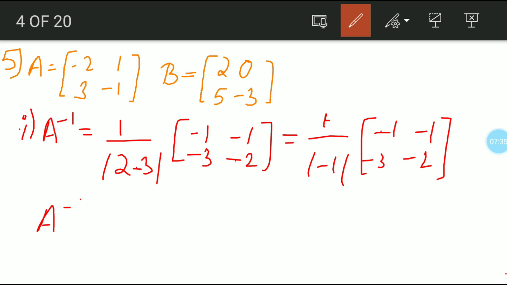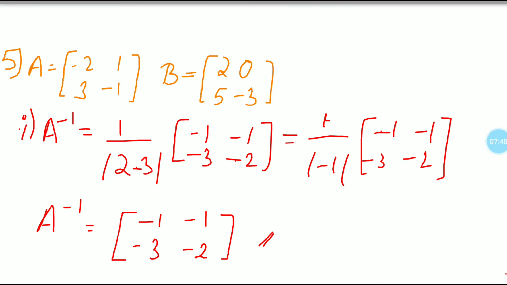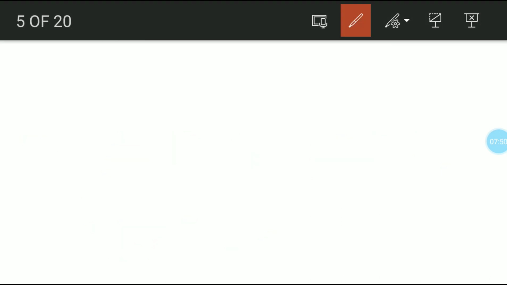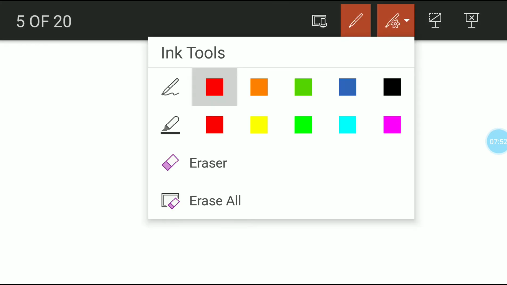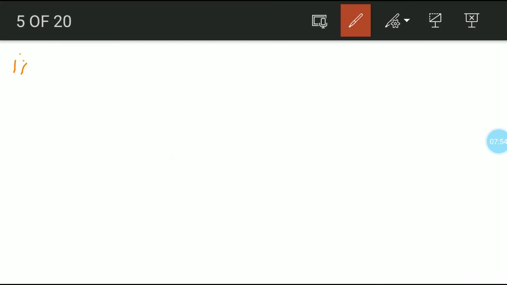So A inverse is equal to [minus 1, minus 1; minus 3, minus 2]. That's the answer. Now we will see the second one, B inverse.